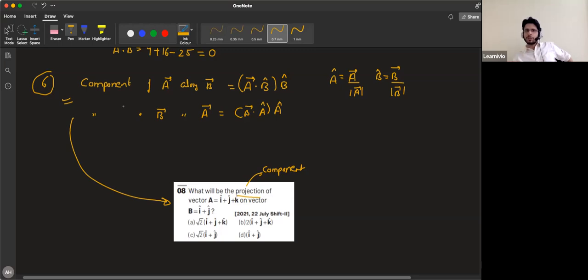Projection of A on B means component of A along B. Note it down and tell me the final answer.